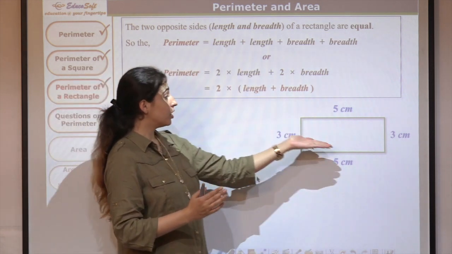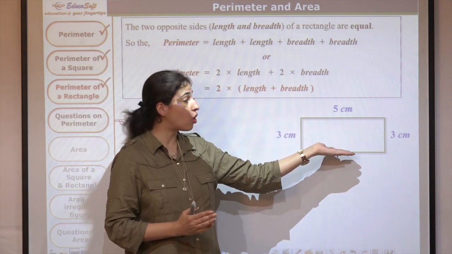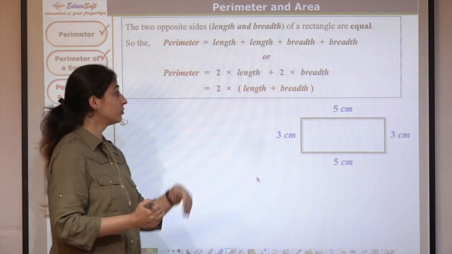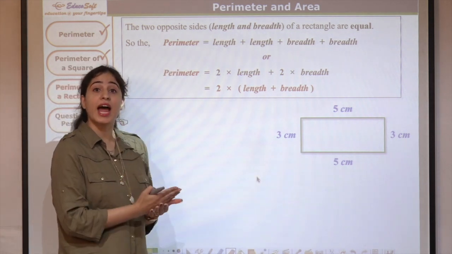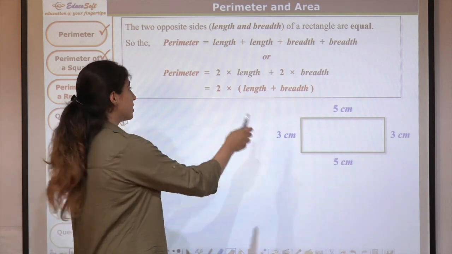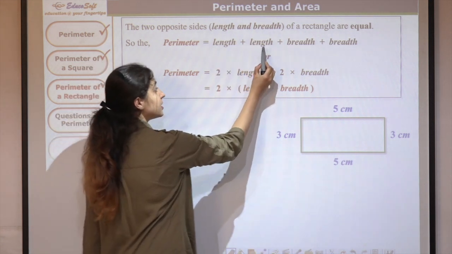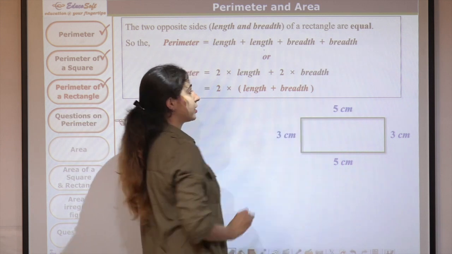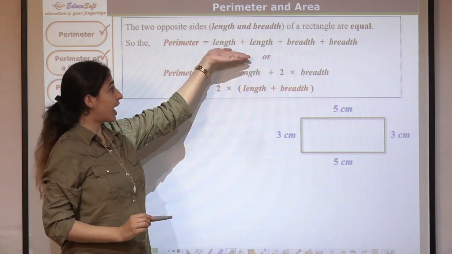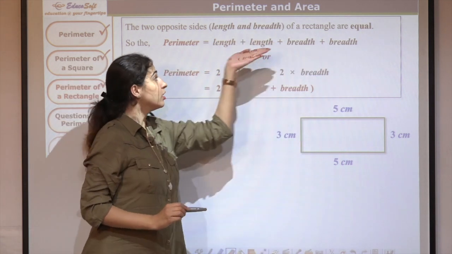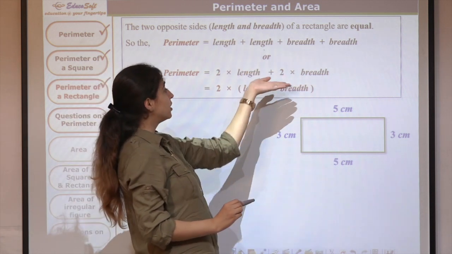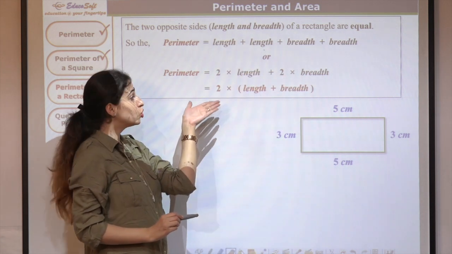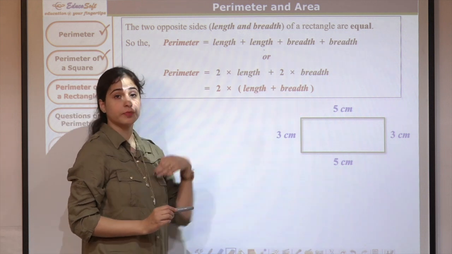So, let us find the perimeter of this rectangle. Perimeter is the length of the boundary. So, we add the sides, that is length plus breadth plus length plus breadth. We add these together, 2 times length plus 2 times breadth, taking 2 common, 2 times length plus breadth.